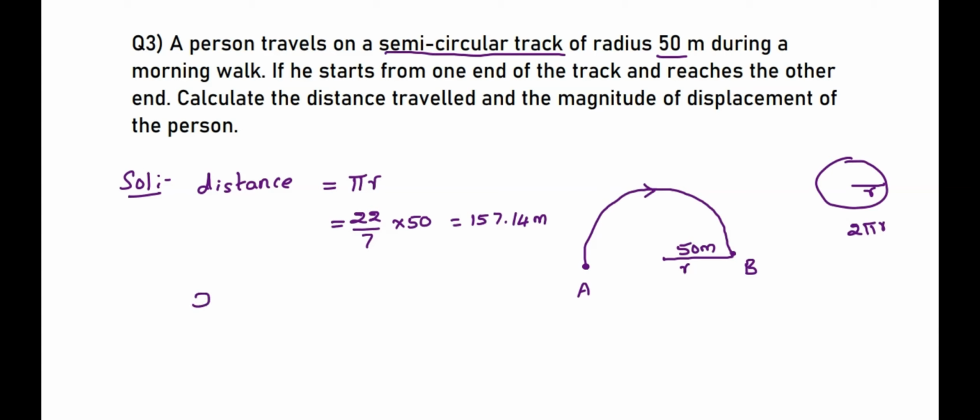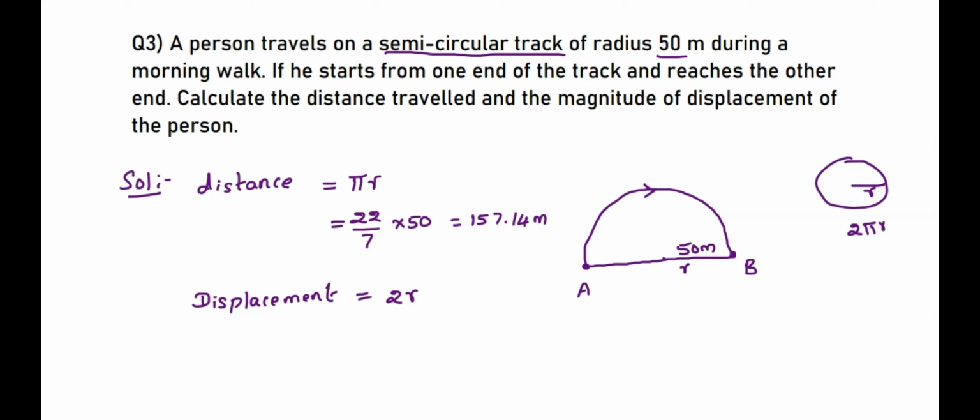And while coming to the magnitude of the displacement. So what is the magnitude of the displacement? According to the definition, the shortest distance between final and initial position. Final position is B and initial position is A. The shortest distance between final and initial position is nothing but 2 times the radius.